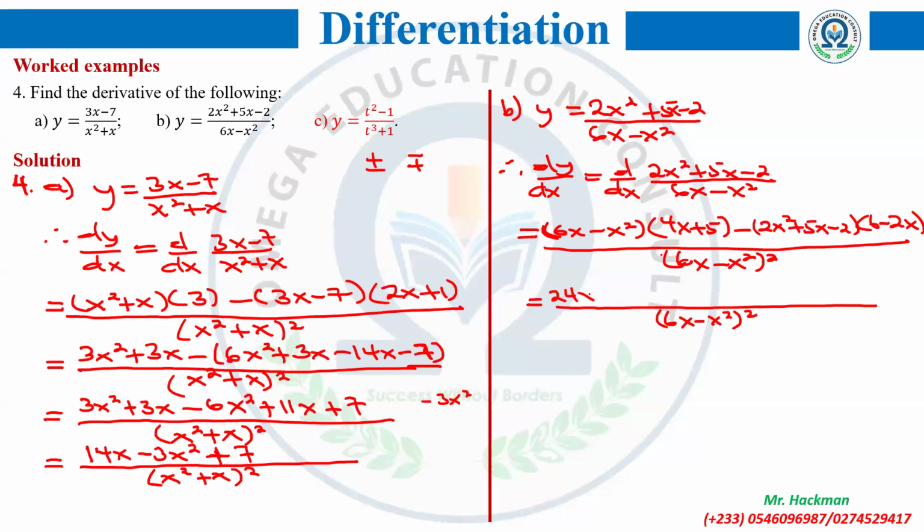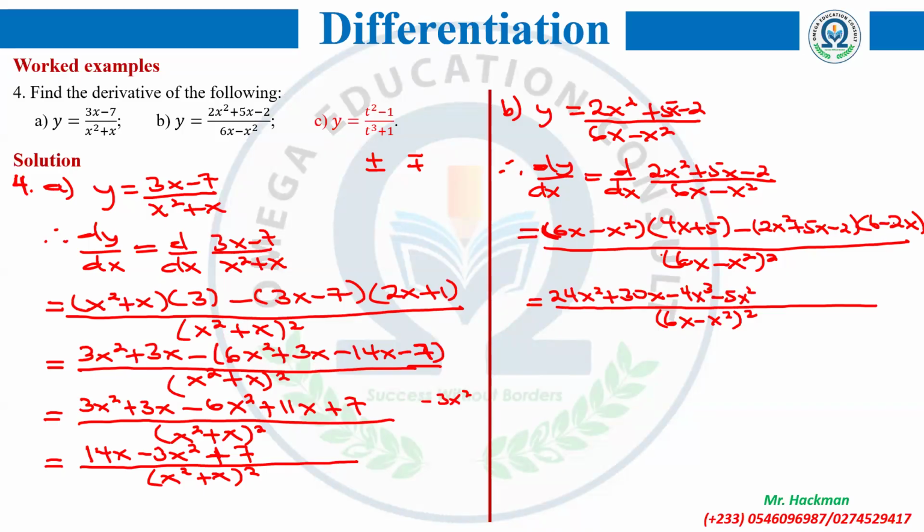Then 6x times 5 is 30x. Then minus x squared times 4x is minus 4x to the power 3, x cubed, that's the matured way. Then minus x squared times 5 is minus 5x squared.